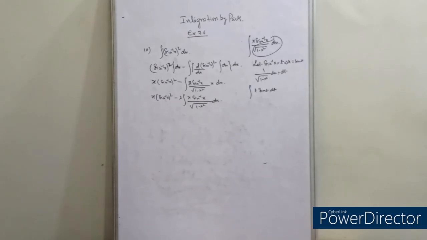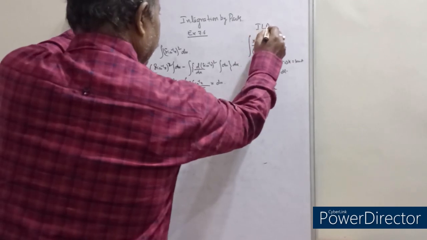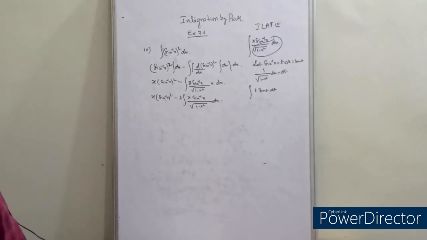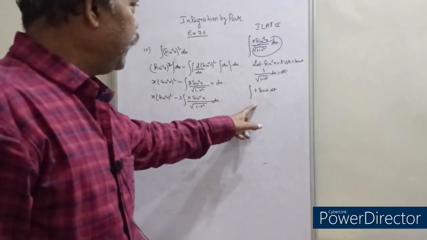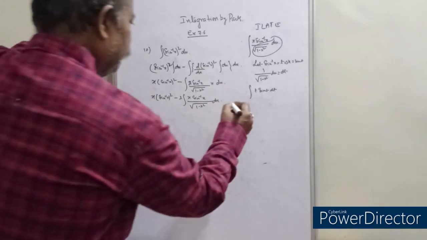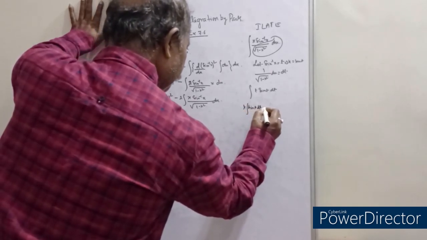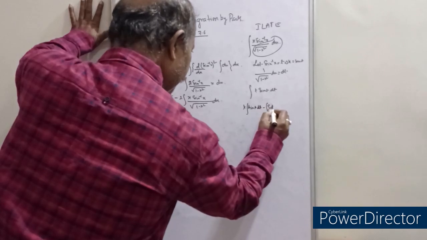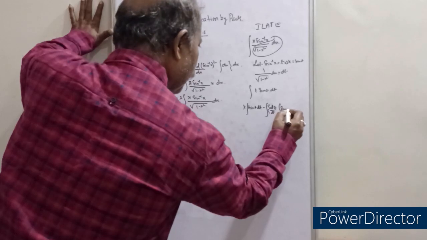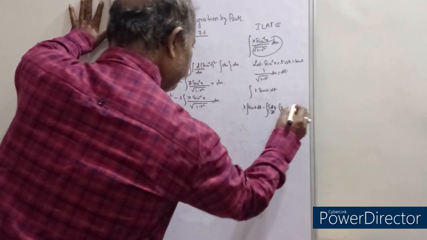Now I am again going to apply the ILATE rule. According to it, here your t is algebra and sine t is trigonometry. So algebra is the first function. So t times the integration of sine t dt, minus the integration of the differentiation of this times the integration of sine t dt, bracket close, dt.